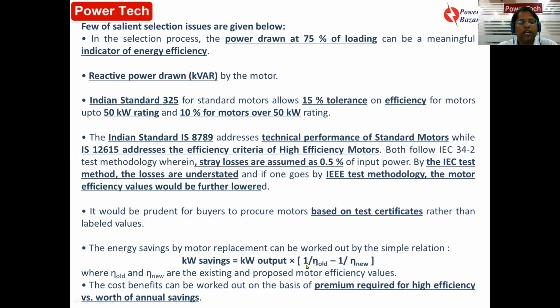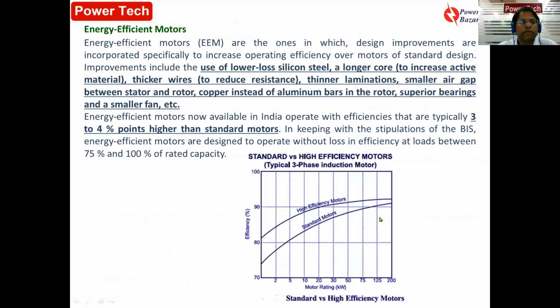Based on this kilowatt saving, you can calculate your financial saving, the cost of the new motor, and the payback period. Based on this, you can submit your note for approval for selection of higher premium efficiency or super efficiency motors, which is worth your investment.